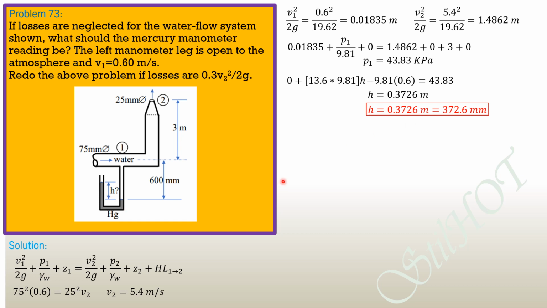So that's the first part. For the second part, we do the same problem, and this time we consider head loss, which is 0.3 of the velocity head at 2.